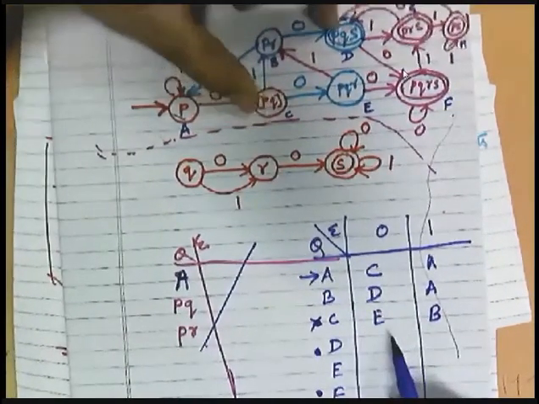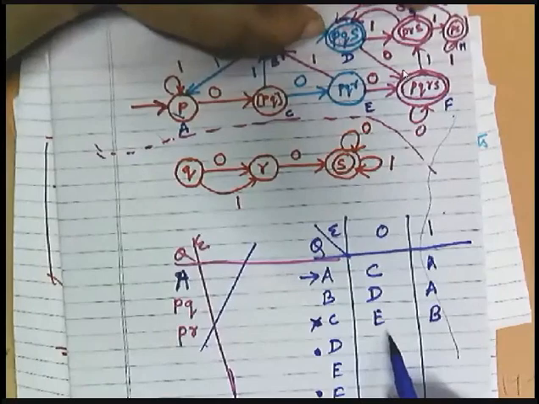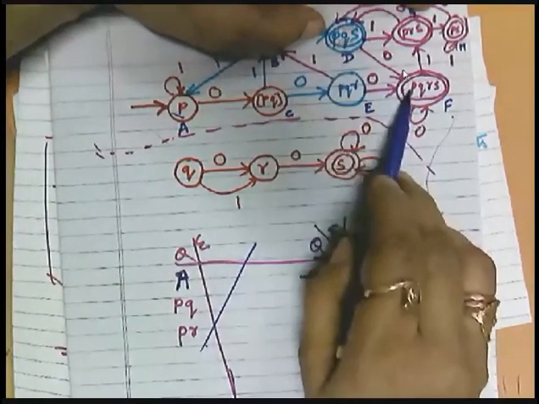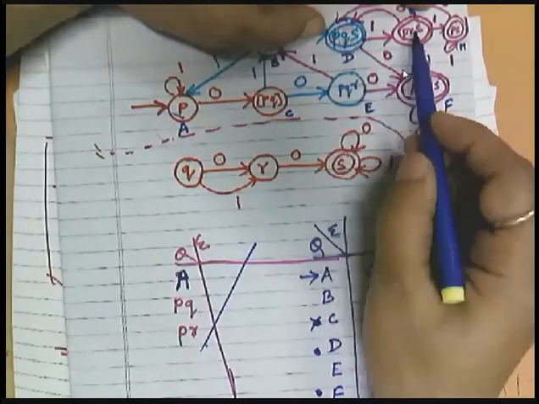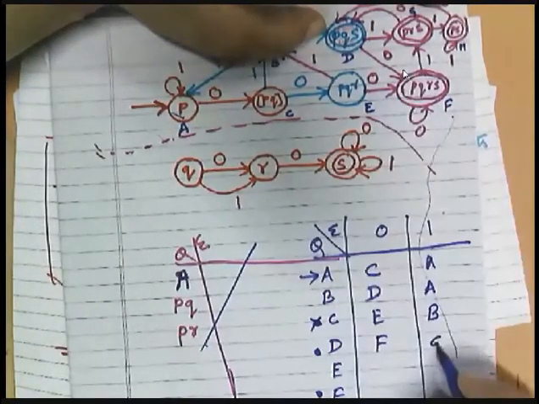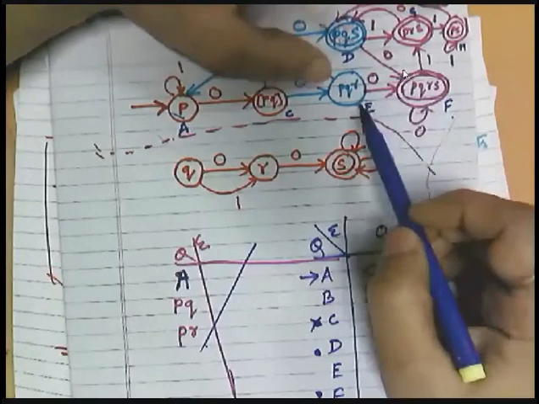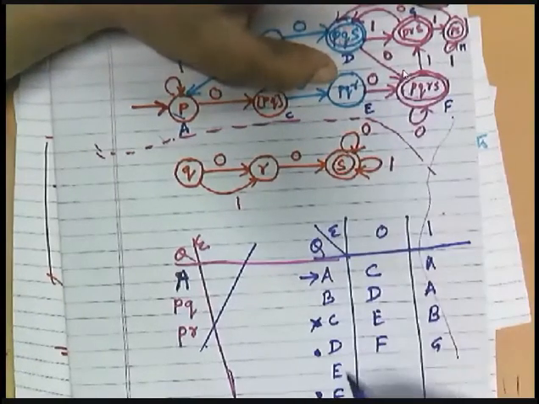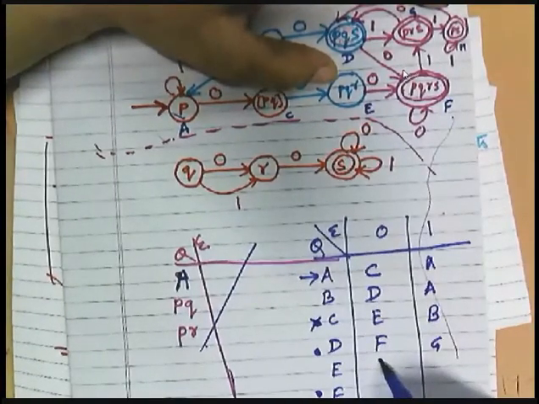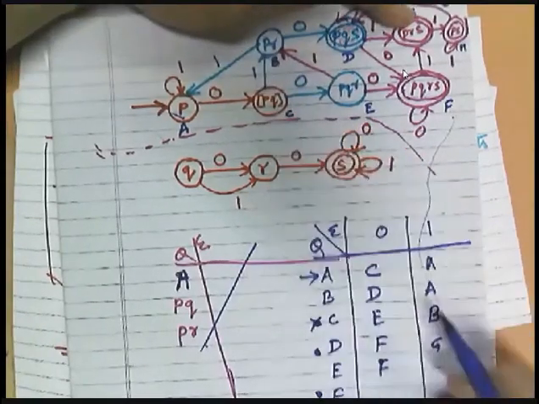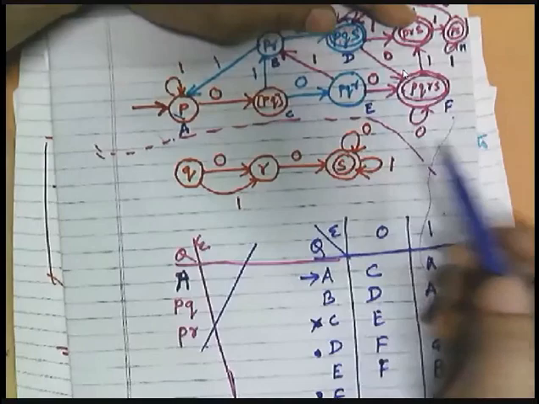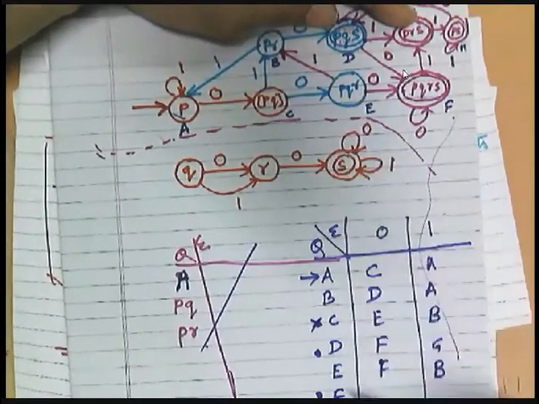Now there is a turn of D. D on 0 moves to F. D on 1 moves to G. Next, E. E on 0 moves to F. E on 1 moves to B. So the turn of E is over.